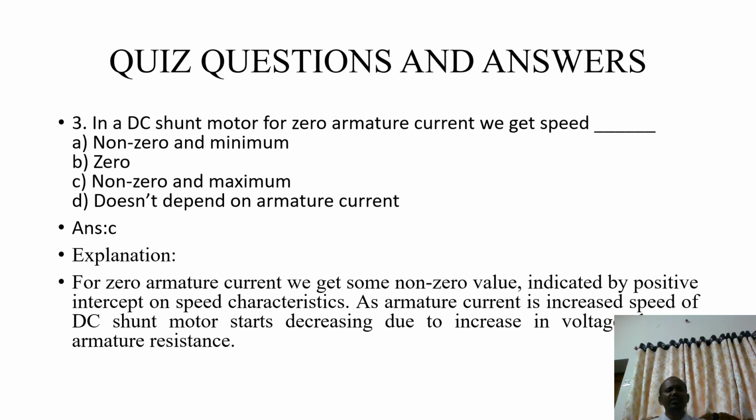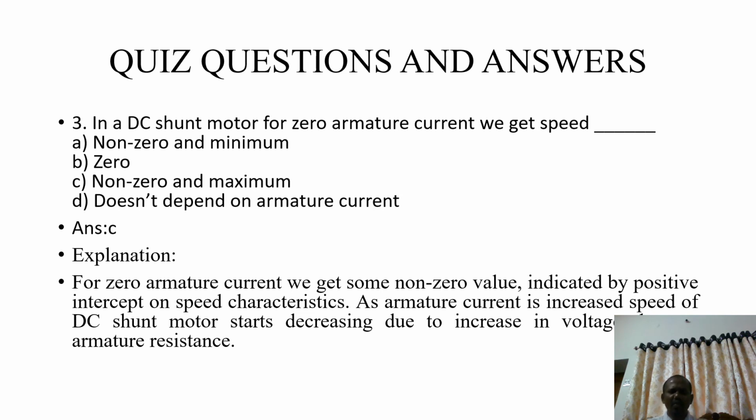Next, third question. In a DC shunt motor, for zero armature current, we get speed: non-zero and minimum, zero, non-zero and maximum, or does not depend on armature current. Which one is the correct answer? Non-zero and maximum is correct.